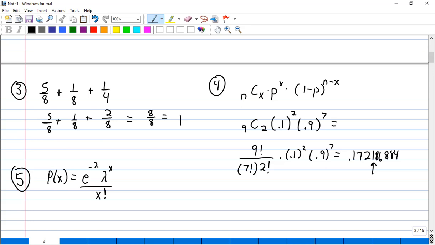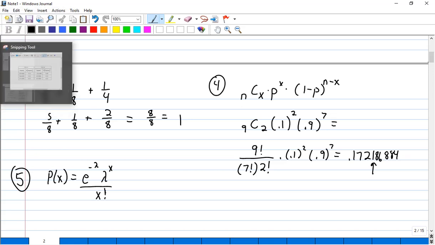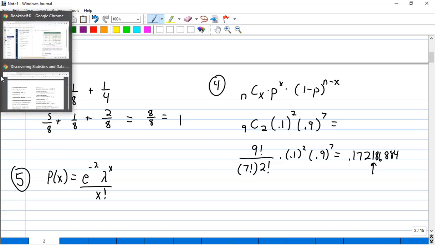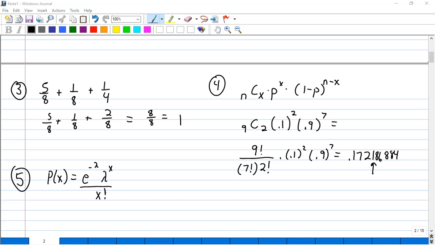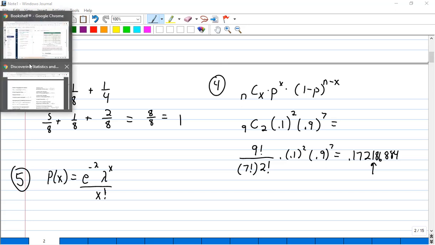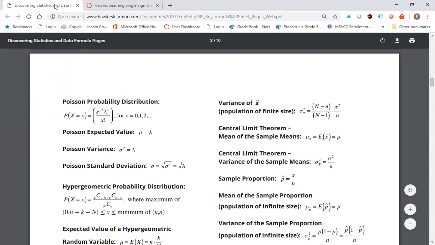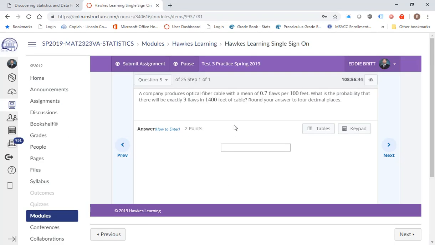So what are our values? Lambda, remember, is like our average value. So we have to figure out the average value. Alright, so it says it's a mean of 0.7 flaws per 100 feet. But we're looking at 1,400 feet. So 1,400 divided by 100 would be 14.